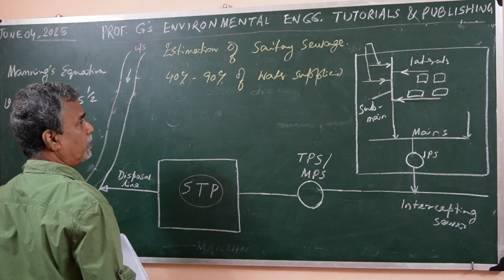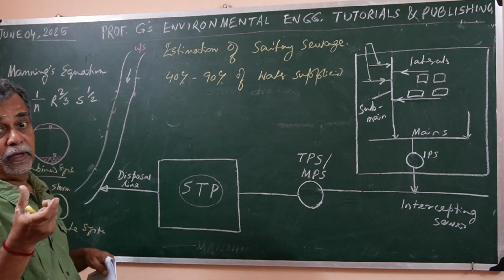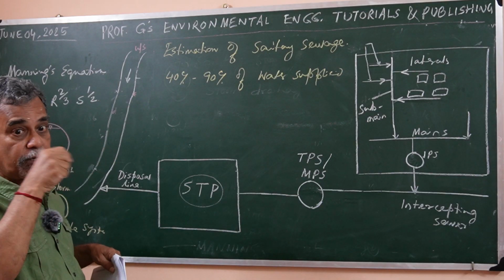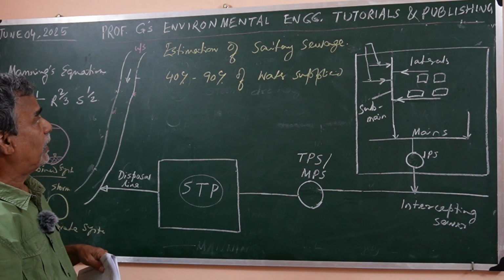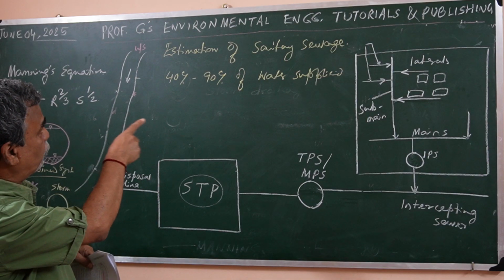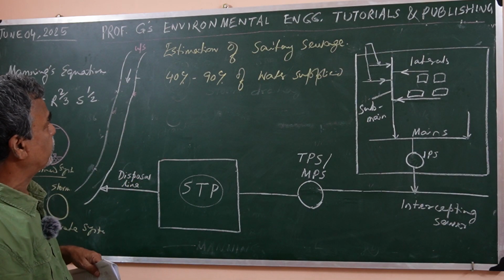If the area is very dry, then evaporation will be more, and infiltration will be there. That is why this varies so widely, 40 to 90%.